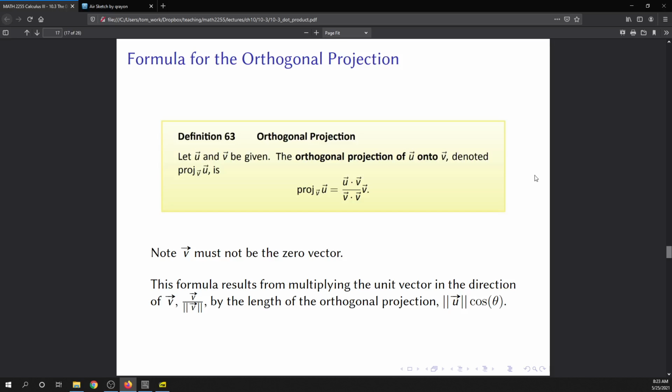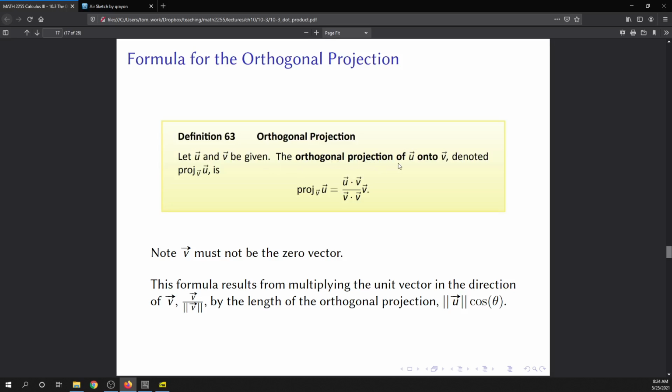The dot product is also going to lead us to a nice formula for the orthogonal projection. Remember, we talked about the orthogonal projection. This time, using the formula for the dot product, we can come up with a nice, neat way of formulating that. So let u and v be given vectors.